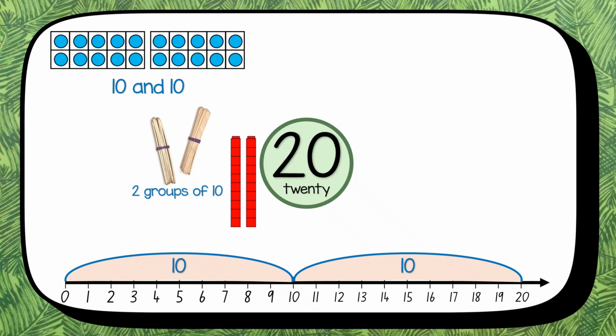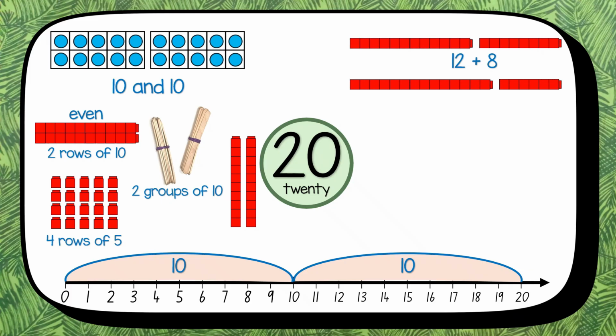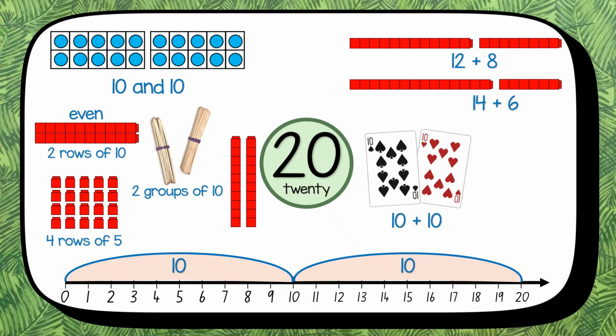We also know that 20 can be split into 2 equal parts, and that makes it an even number. 2 rows of 10. 20 can also make an array with 4 rows. 4 rows of 5. And of course, 20 is made of smaller parts that add to make 20. These 2 playing cards show that 10 and 10 make 20. And these 3 dice show 20 as 9, 5, and 6.